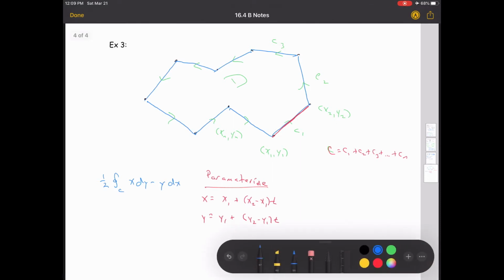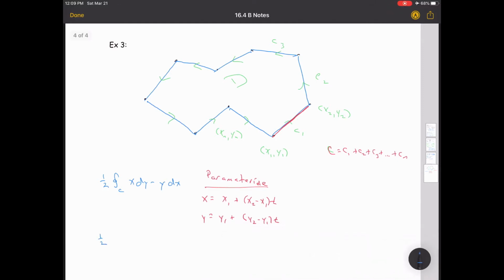All right, so let's go ahead and start writing out the integrals. Now, I do want to warn you that this is going to take a little space, so you might want to write a little bit smaller on your page. So the first one is 1/2. Now, remember that since we parameterize these as linear, each piece is going to go from 0 to 1. And again, we're only dealing right now with C1, so this is C1 right here.